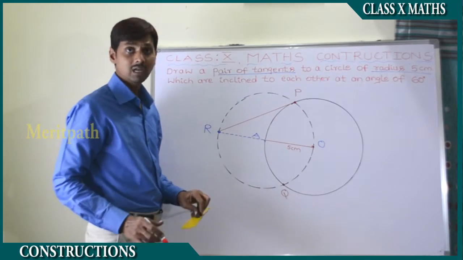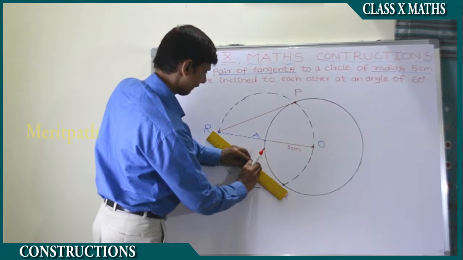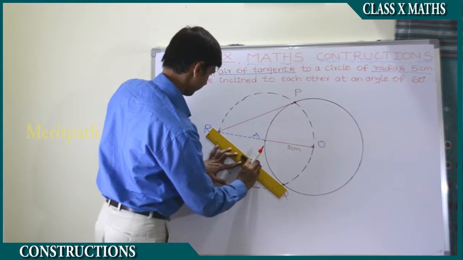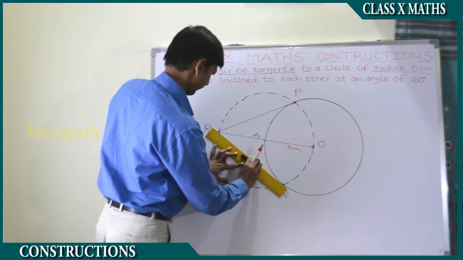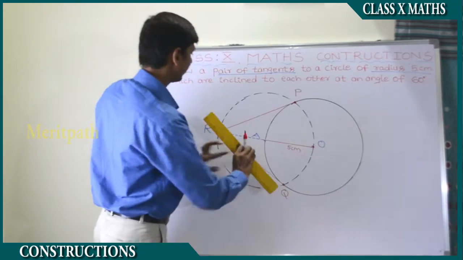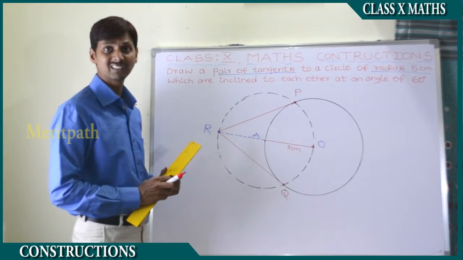Another tangent we will form is RQ. Let's join this. So we have joined RP and RQ. We got the two tangents.